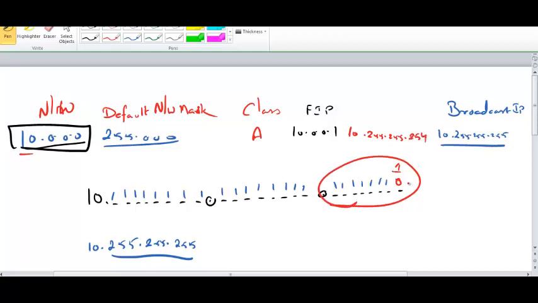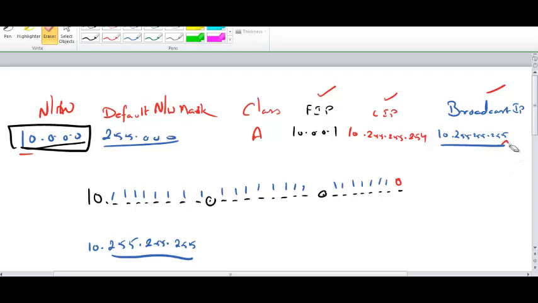Yeah, that's all. So 1 less than this is the last IP. This is the first IP, this is the last IP, this is the broadcast IP. Did you understand this? In between, they are all IP addresses.